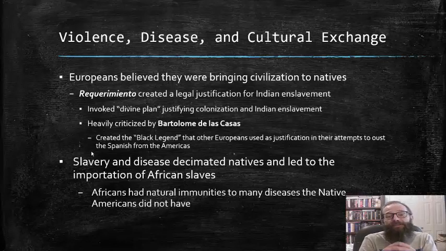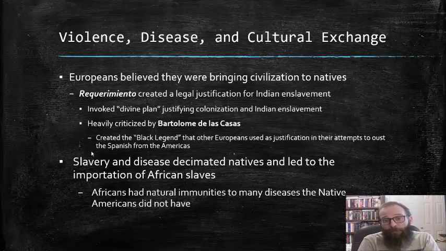Slavery and disease decimated the natives and led to the importation of African slaves. Because the population decline of the Native Americans was so great, they could not supply the labor that the colonists required to increase their economic output and to enrich the mother country, if you will.